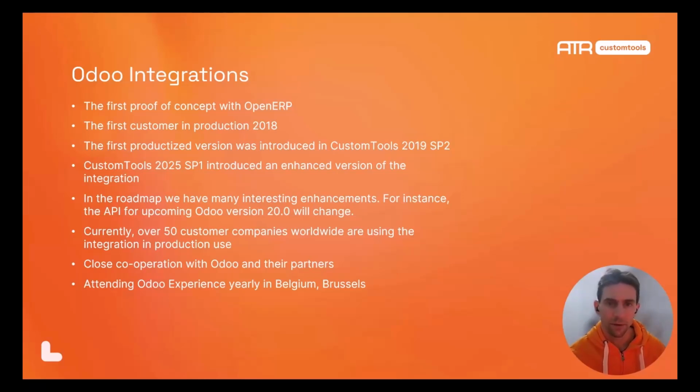And we are not planning to stop developing the integration, but there are a lot of interesting things coming in the roadmap. Now, for instance, Odoo is renewing their API for the next version 20. So we are actually at the moment working on adapting our integration to communicate with the new API.